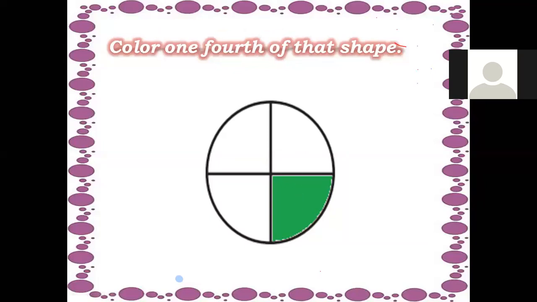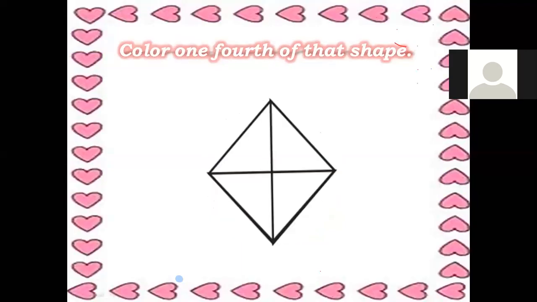We colored 1/4. If I ask Rufaida to color 1/4 of that shape, you need to color how many parts of the 4 parts? Only one. Good job, Rufaida. You will color only one part. We colored right now 1/4 of that shape.